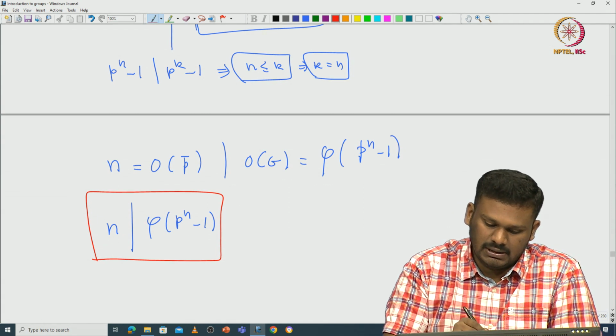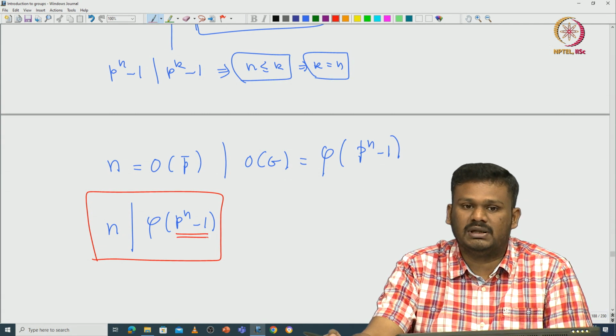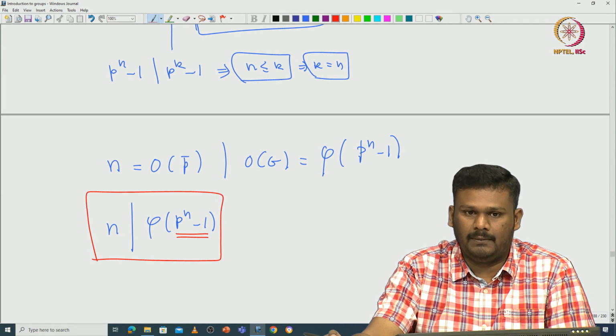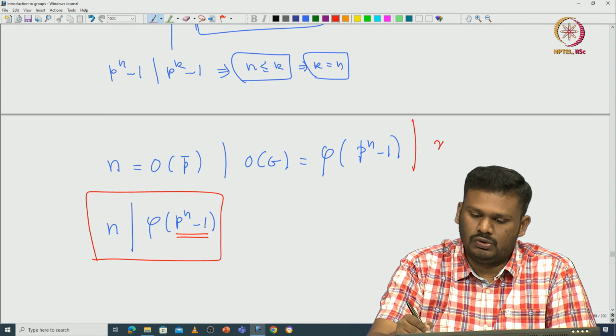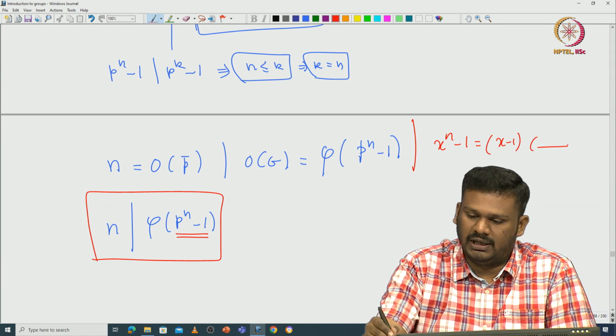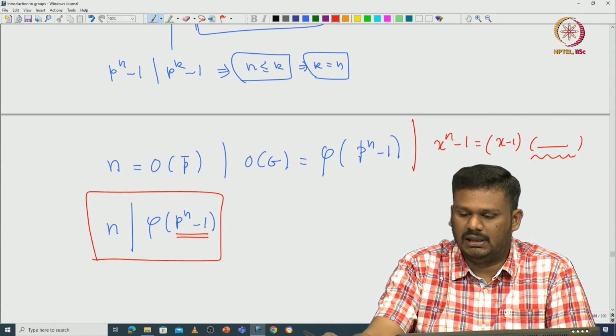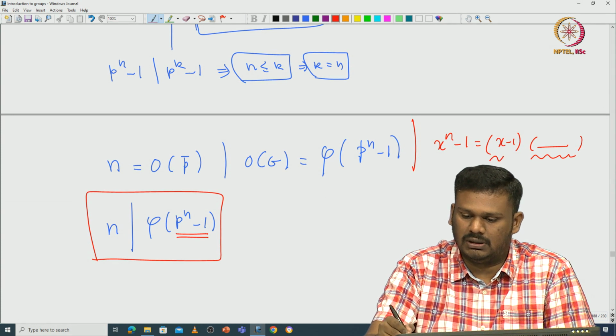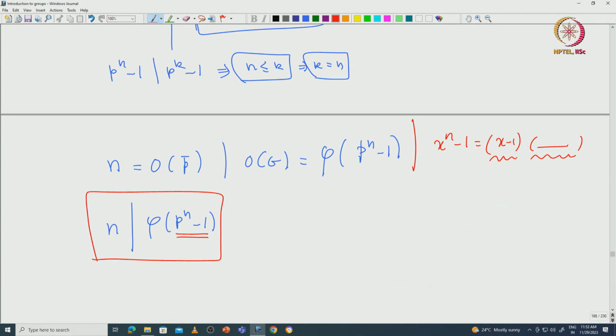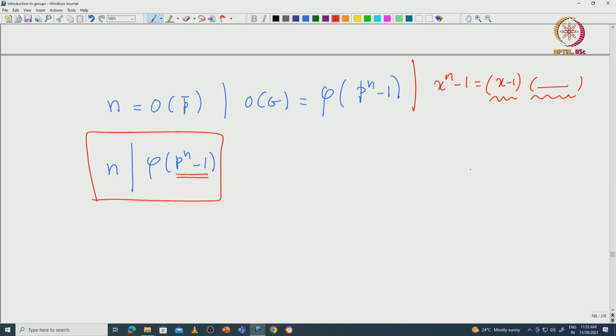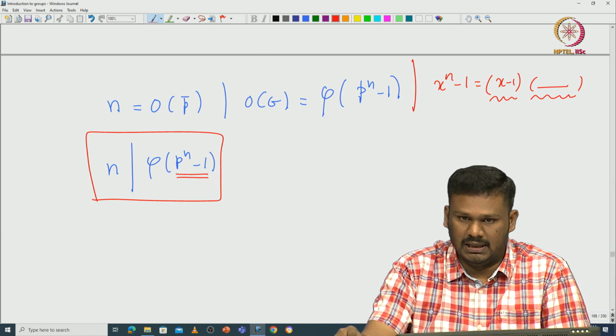Note that it is not that easy to compute what this p power n minus 1 is. Even though it looks like some x power n minus 1 formula, all you can do is write x power n minus 1 as x minus 1 times the remaining term. But how do you factorize these elements? It is not that clear, because x minus 1 is just p minus 1, and even though p is prime, p minus 1 can be highly reducible.